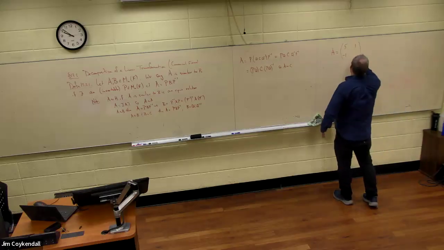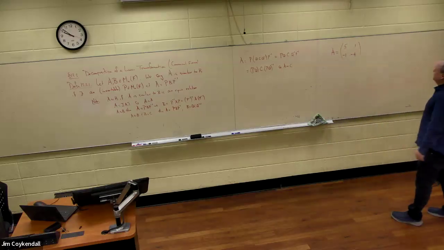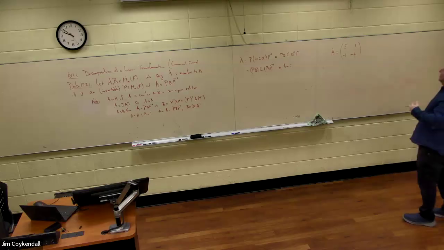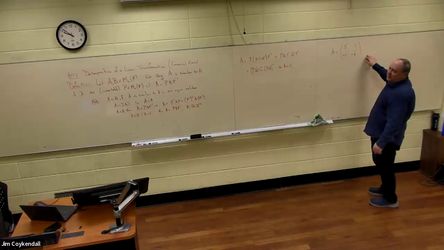Complicated looking matrix, right? Even though it's only 2 by 2, it does weird stuff. It takes the vector (x, y) to the new vector (5x + y, -x - 4y), right? I mean, who knows what this does?